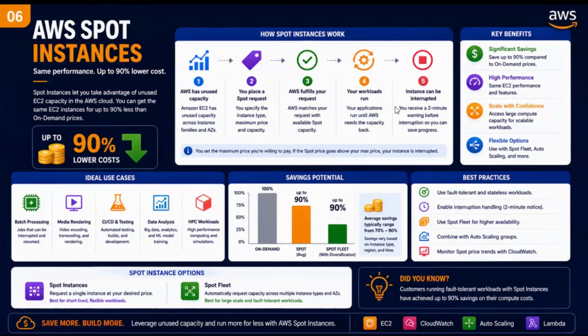Why choose Spot Instances? If your batch processing job can be interrupted and resumed, or if you have multiple job processing in your workload, choose Spot Instances. For media rendering, choose Spot Instances. For heavy CI/CD and testing, choose Spot Instances. For data analysis, big data analysis, and machine learning model training, choose Spot Instances. And for high performance compute workloads, choose Spot Instances.